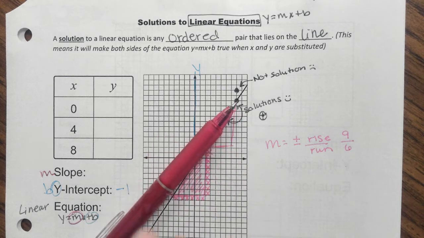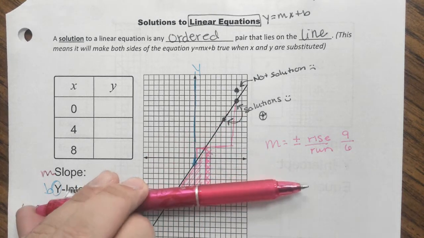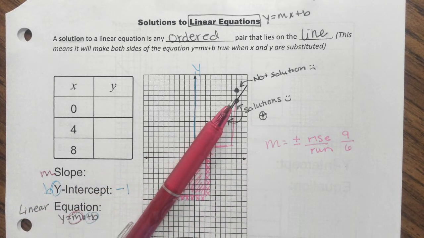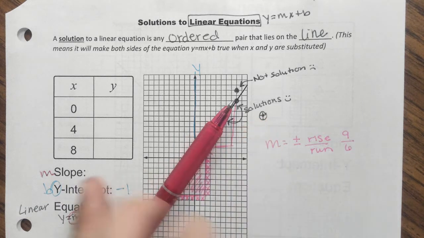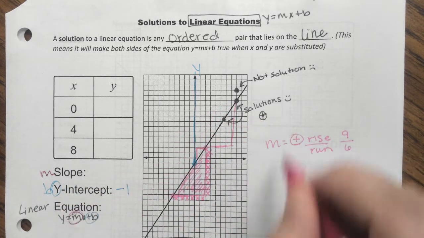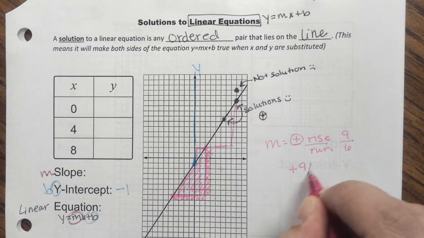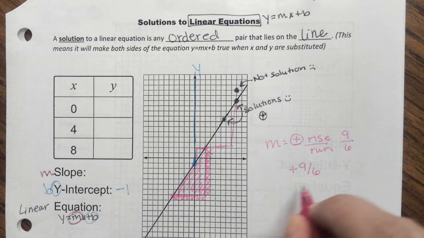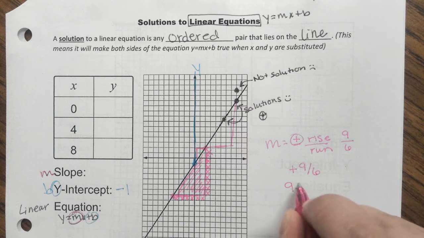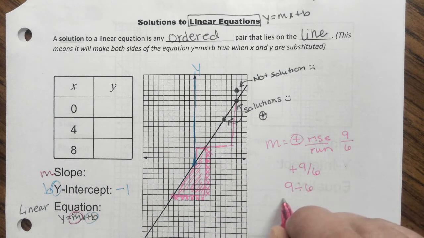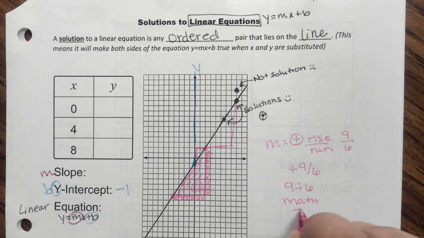Now, for the sign, pencil is pointing to the right. On the slant, this pencil goes up, so this is positive. So our slope is positive 9 over 6. To reduce that, we type in 9 divided by 6 on our calculators, and then we hit math, enter, enter. My favorite 3 words. Okay.